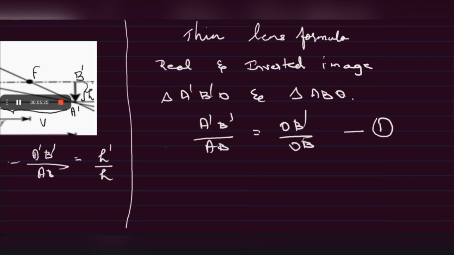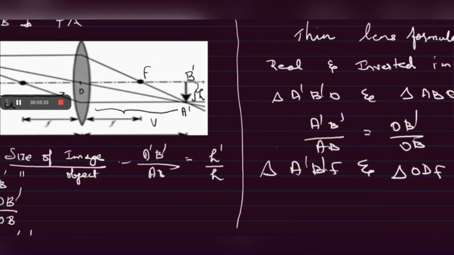The next triangles I have to take into consideration are triangle A dash B dash F and triangle ODF. This is the triangle A dash B dash F, and another triangle is ODF, if you mark this point as D.